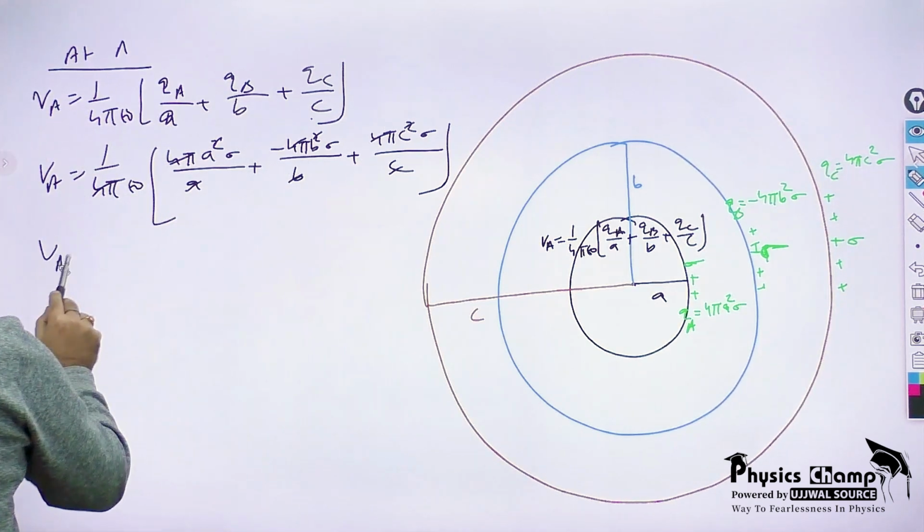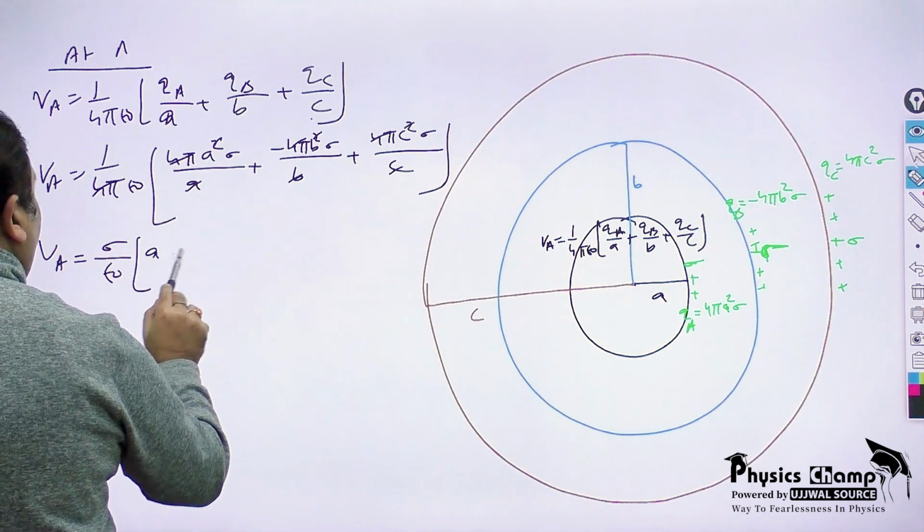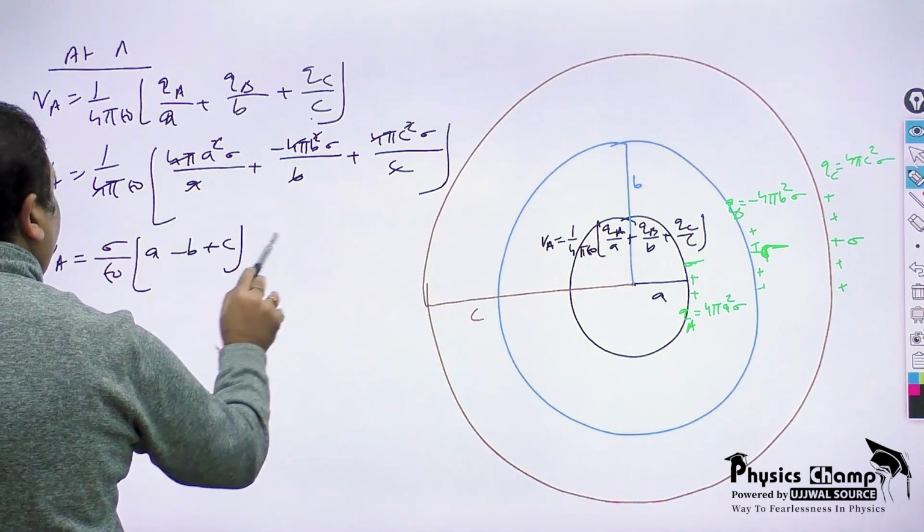So potential at A finally you are getting is sigma by epsilon naught into A minus B plus C.